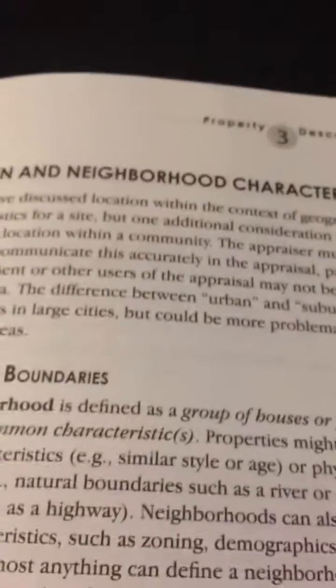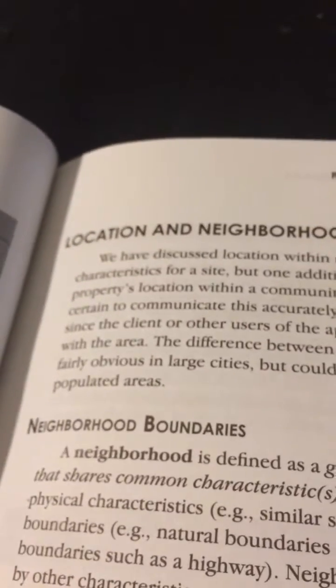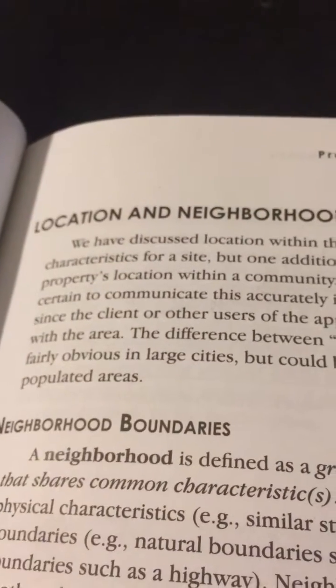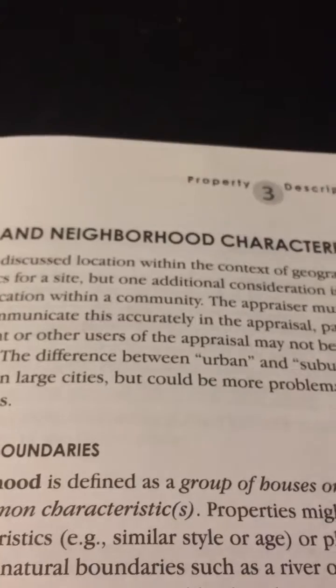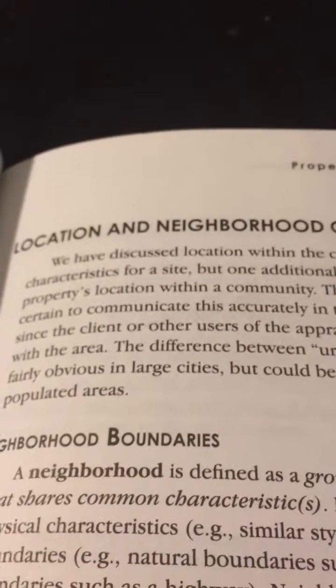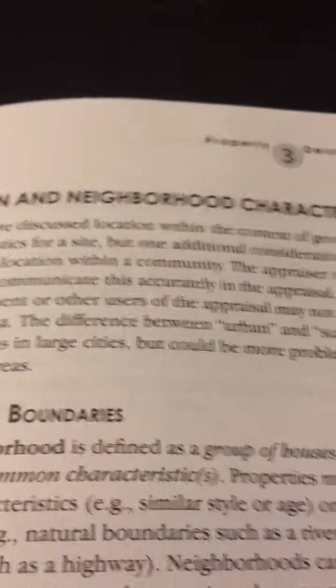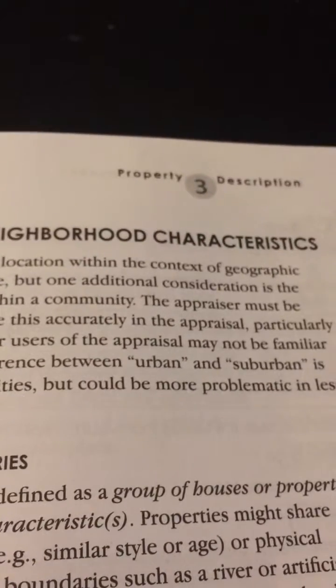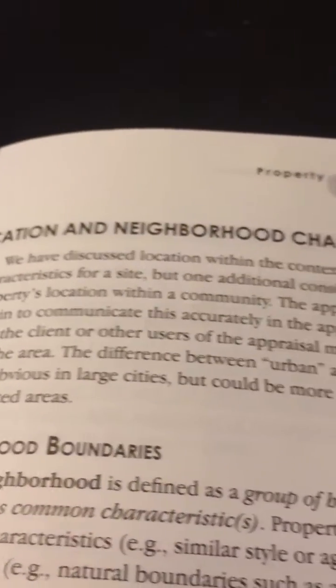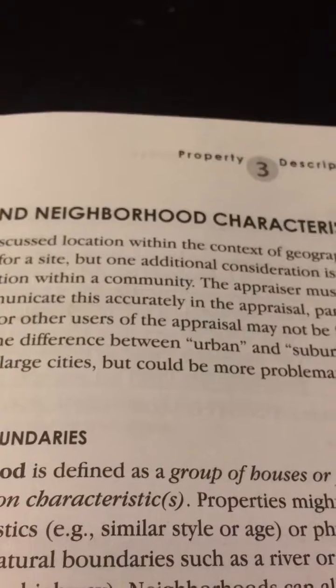Page 99. Location and neighborhood characteristics. We have discussed location within the context of geographic characteristics for a site, but one additional consideration is the property's location within a community.